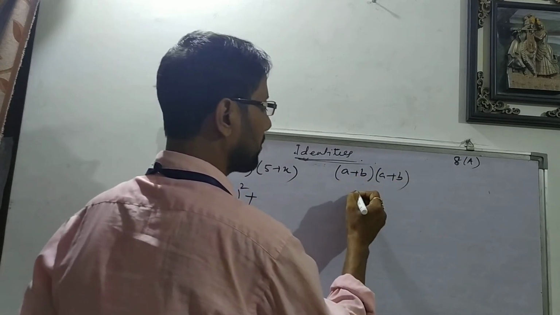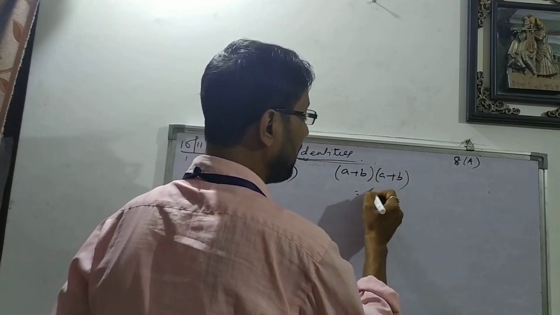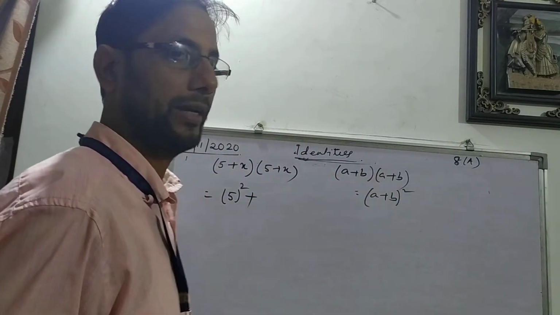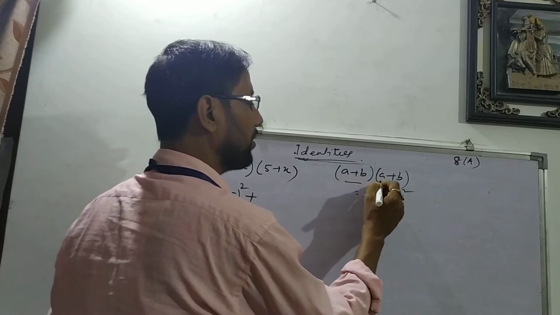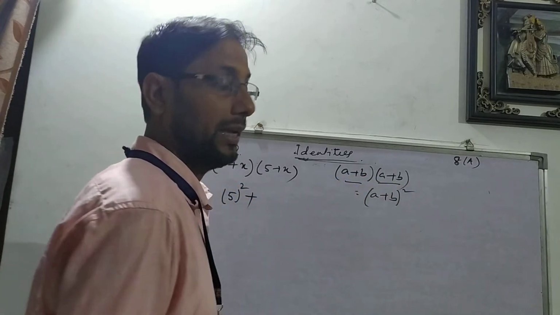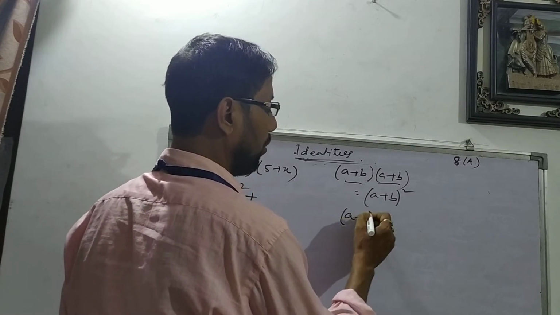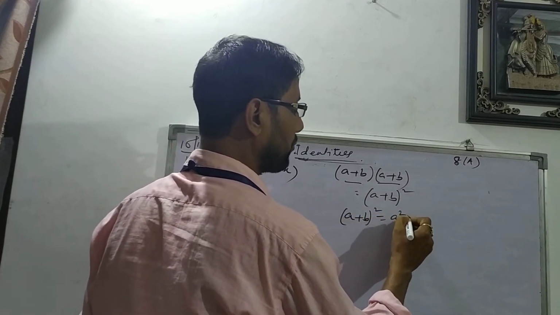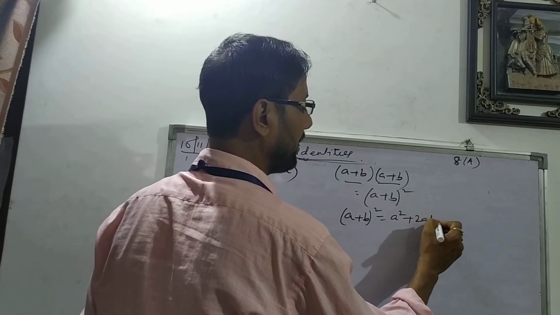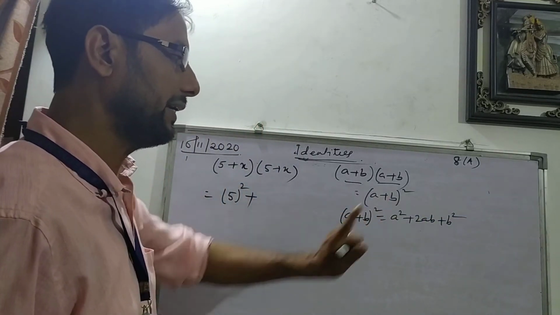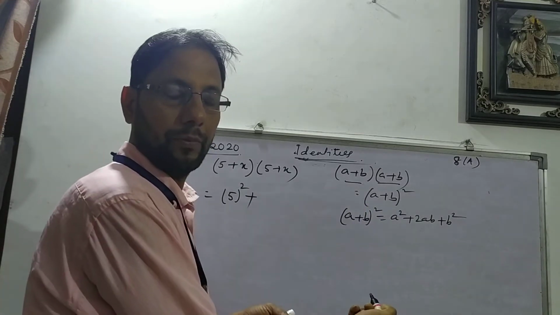It becomes a plus b whole square. Actually we write a plus b into a plus b as a plus b whole square. Then the identity becomes a plus b whole square is equal to a square plus 2ab plus b square. See, the identity we have redone the previous question.